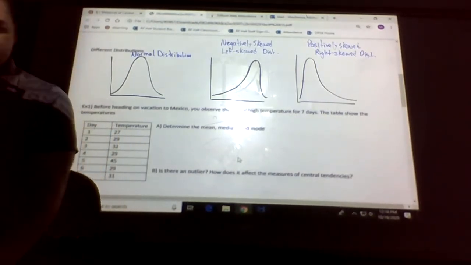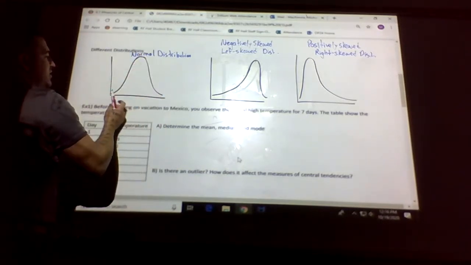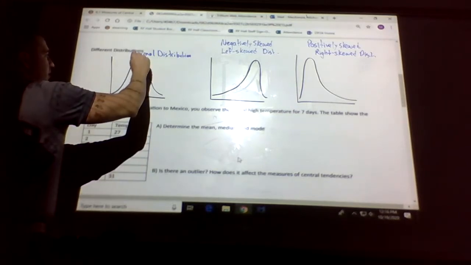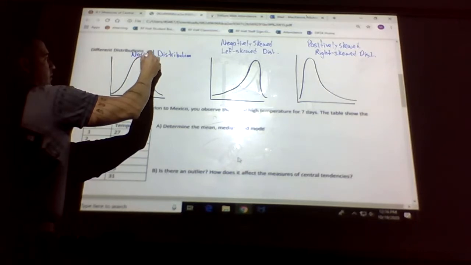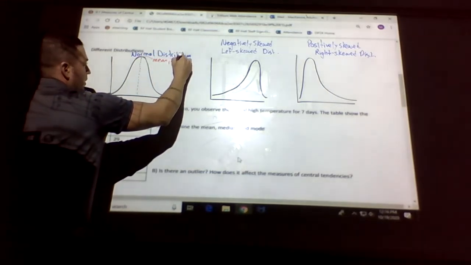Okay, so what do these tell us? When you have a normal distribution, these are a bunch of values, entries. In the middle here is our mean, median, and mode.